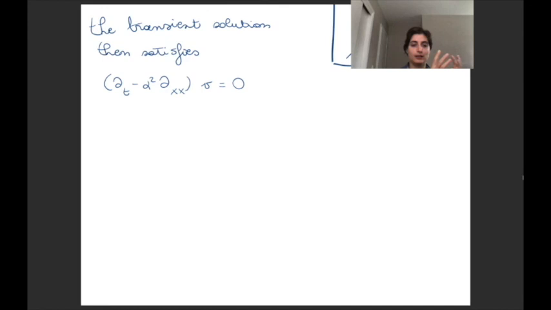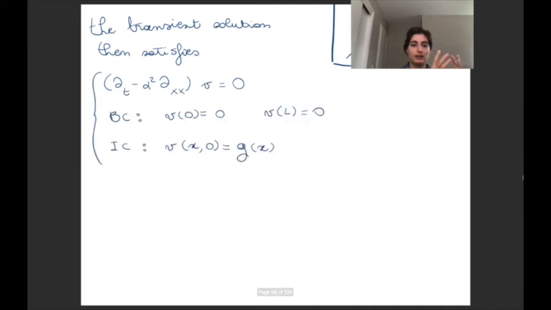What equation does this transient solution satisfy? Well, it has to satisfy the PDE, so we need that the partial derivative in t minus alpha squared times the second partial derivative in x of v needs to be equal to 0. It needs to satisfy the boundary conditions, trivially though, because the non-trivial boundary conditions are already being taken care of by the steady state solution.